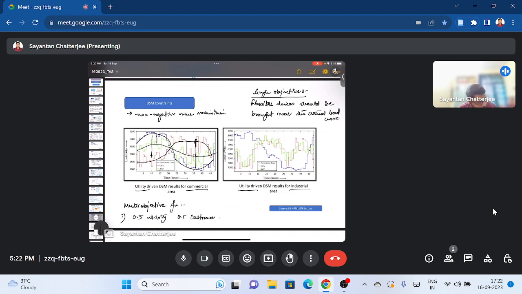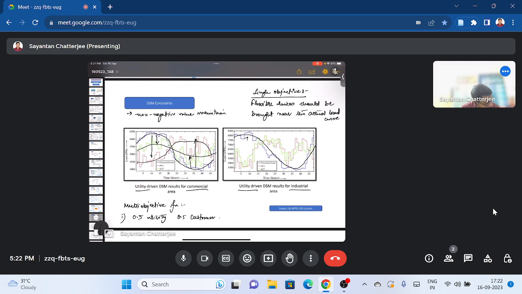This part came down by this much and this part came up by this much. In the commercial area, after performing this demand response program, this was the obtained value, whereas for the industrial area, this was the load curve and these were the peaks, this was the objective.